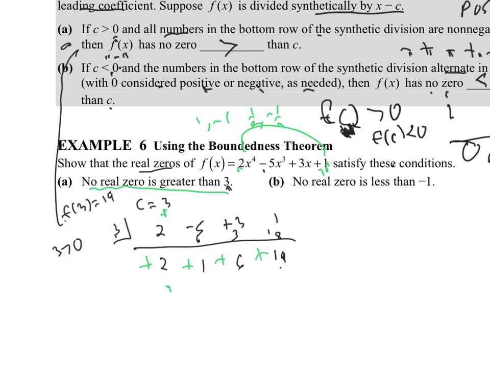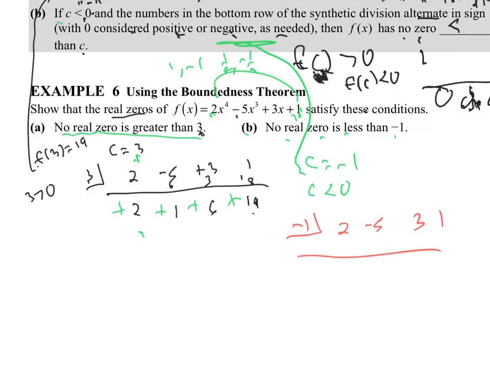But anyway, he wants me to prove that there's no real zero less than a negative 1. So now c is a negative 1, c is less than 0. I'm using the second one here. So I do negative 1 going into the 2, negative 5, the 3, and the 1. Let's see. He says show that it's true.